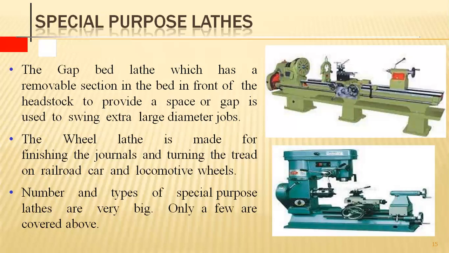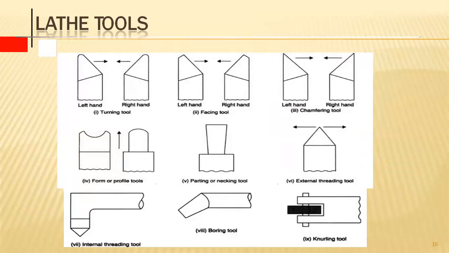Moreover, the number and types of special purpose lathes are very big, where a few are covered here. Now the tool movements, or lathe tools commonly utilized for different operations. We'll be discussing one by one. Turning tool. When the left hand direction is being progressed, the position of the tool will be like this, so the movement will be towards the left side.